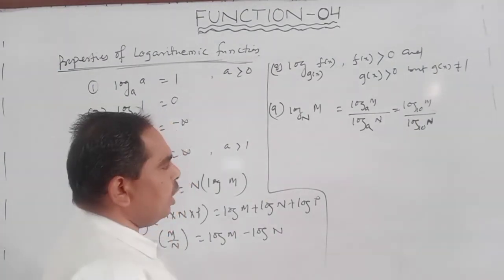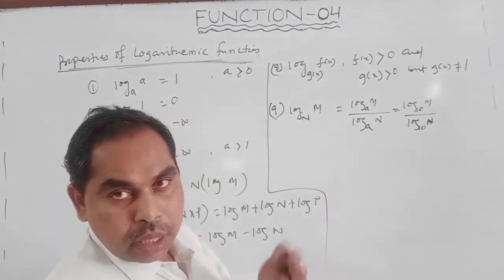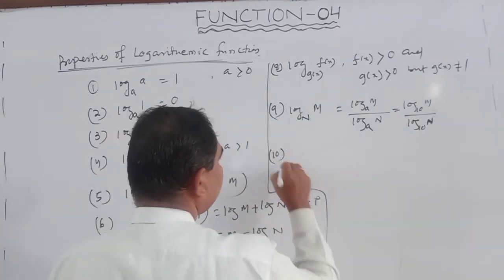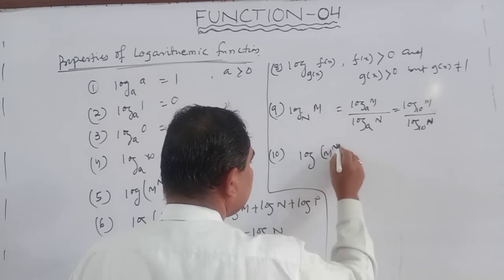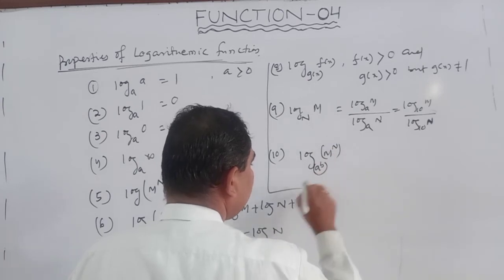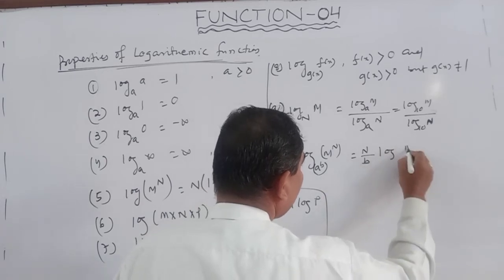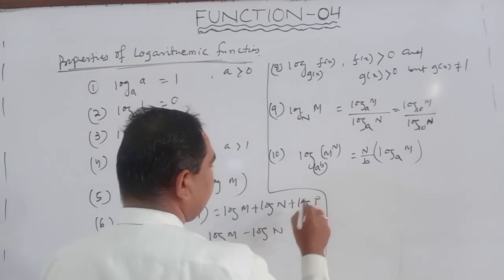So a is any positive real number, but not equal to 1. Next, 10. Log m to power n base a to power b is equal to n by b log of m base a.